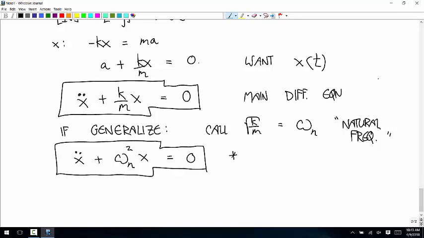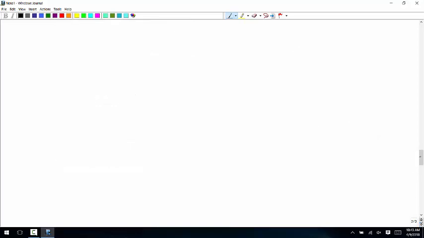I'll call that equation star, and that'll come up a bunch in this. I'll call this one equation 1. That's the one that's specific to the spring and mass system.